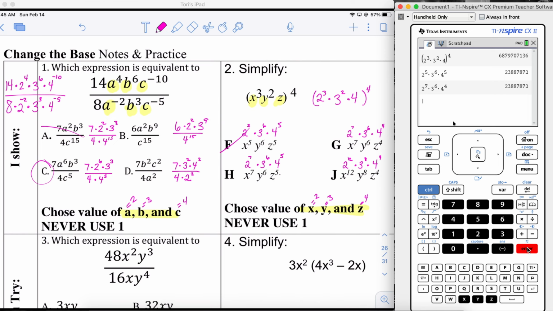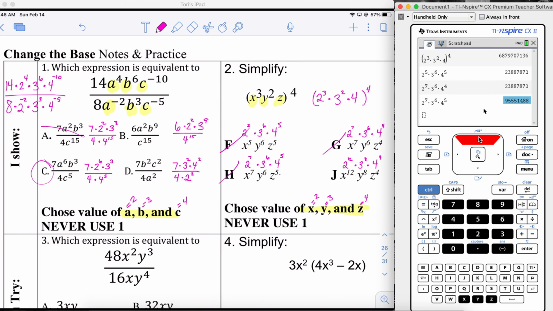Those two are very similar, but it's not going to work out for my final answer, so it's not going to be G. Let's go again. Up, up to copy, enter. All right, going back, my 4's exponent is going to go back to a 5. I'm checking H. My 3 is going to be a 6. My 2 is going to be a 7. Let's press enter. All right, that one's not working either. Doesn't look like it's H.